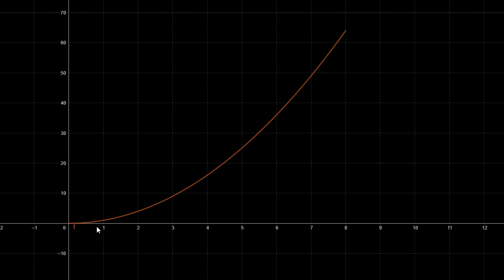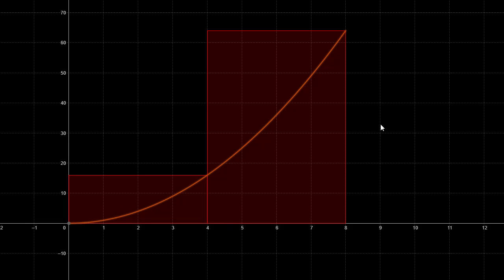Okay, so to show this on a graph, here is the graph of, it's labeled F here. We don't need to really show that. But here's our t squared. If we split this into 2 subintervals, 0 to 4 and 4 to 8, we have 3 ways that we can draw our rectangles. We can draw them this way, where the height is chosen on the right side.